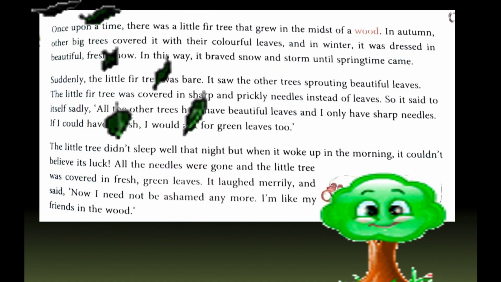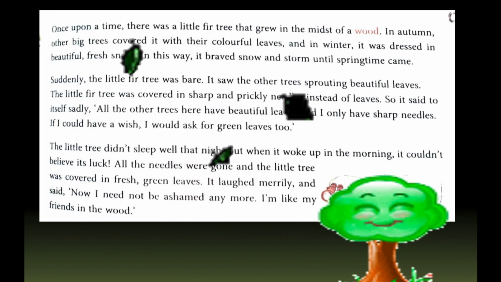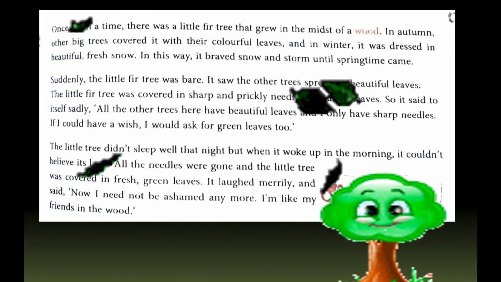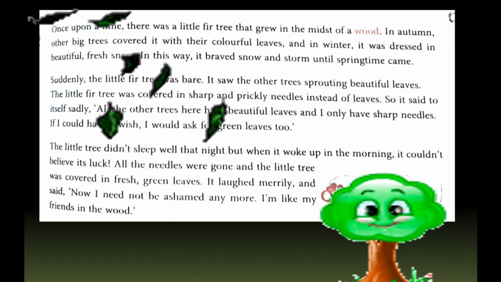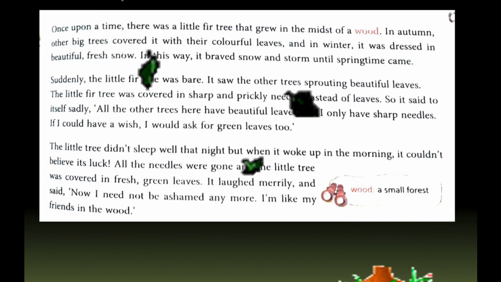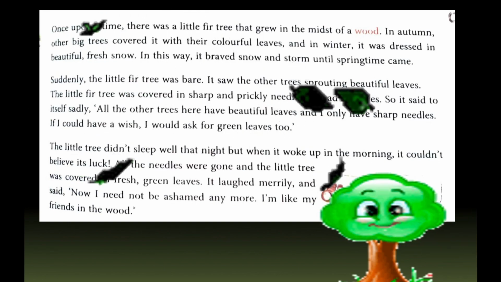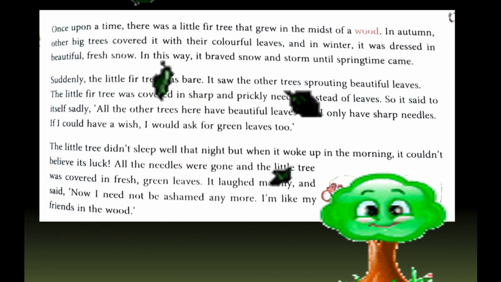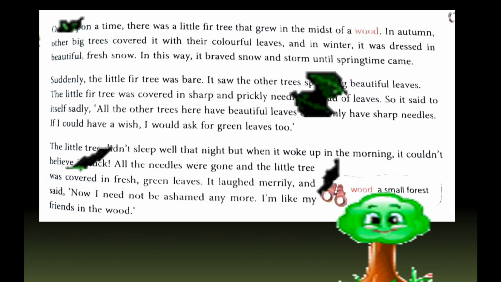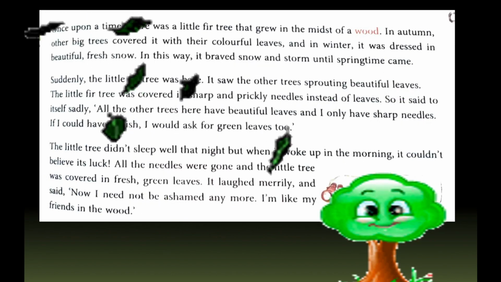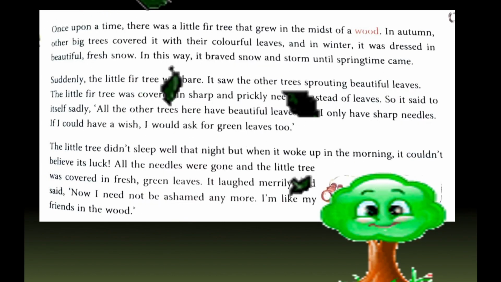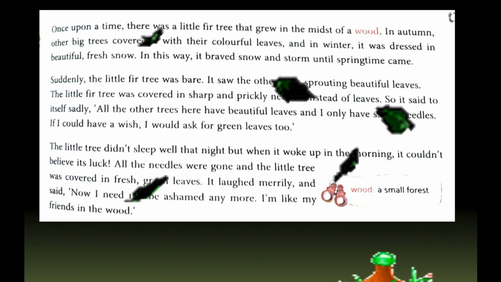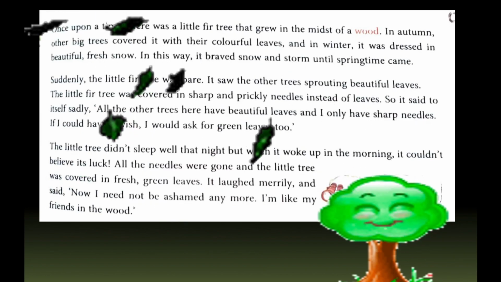So it said to itself sadly, "All the other trees here have beautiful leaves, and I only have sharp needles. If I could have a wish, I could ask for green leaves too." The little tree didn't sleep well that night, but when it woke up in the morning, it couldn't believe its luck.